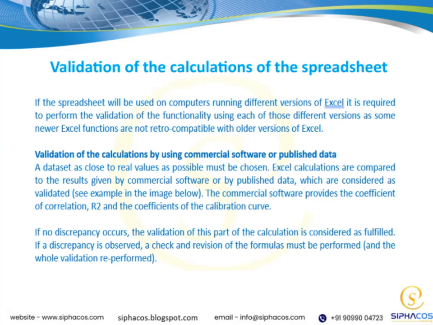Now, let's talk about the validation of the calculations of the spreadsheet. This is a crucial step to ensure the accuracy and reliability of our data. Essentially, validation involves cross-checking the results we obtained with known benchmarks or alternative methods. It's about making sure that our formulas are correct and that no errors have crept in during data entry or formula creation.